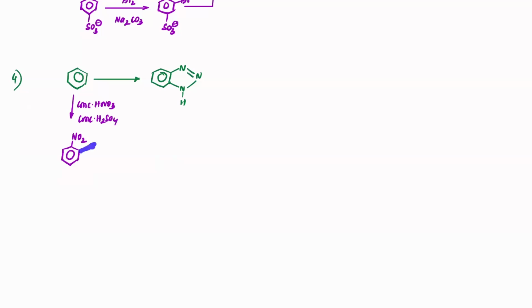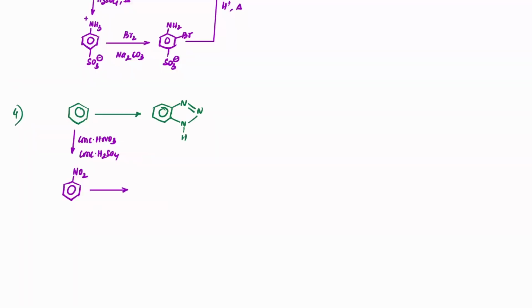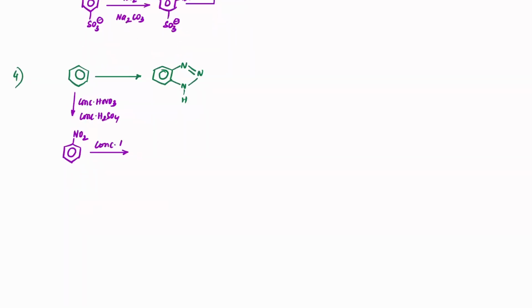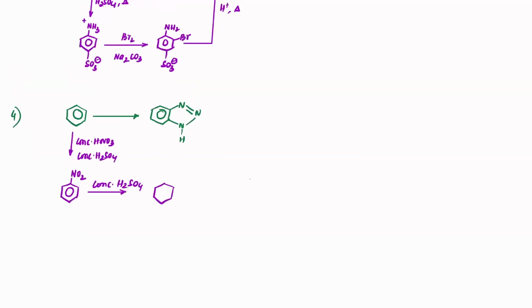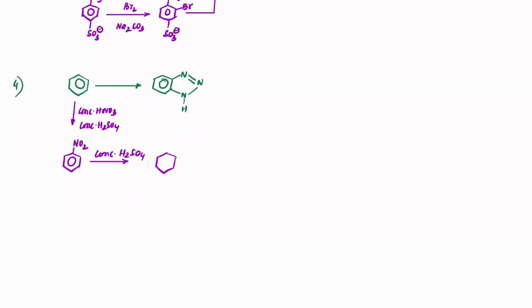To get one more NO2, I could do the same reaction I did above, with concentrated H2SO4. Oh, sorry, I can't do that. First I need to make a reduction. Sn and HCl will convert that into NH2.